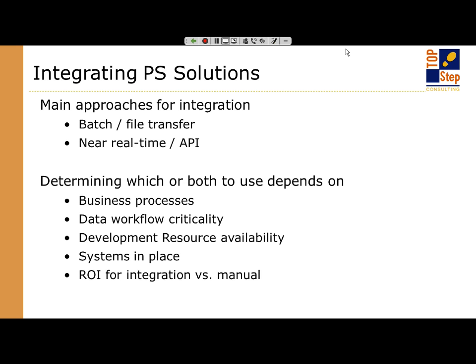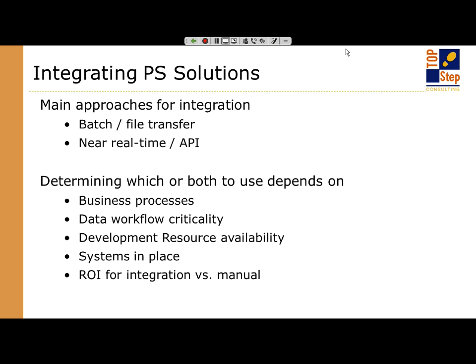So those two approaches for integration really drive how quickly you'll get the data from point A to point B, and in deciding which one to go with, there's really a lot of decisions that have to be made along the way. First and foremost, why do you want to do the integration?